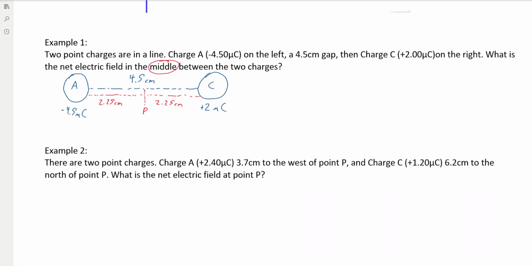Not force, electric field. It's kind of the same sort of thing, but not quite, because there is no actual particle there. There's no actual charge being affected by it, so there's no force. But we're imagining what would happen if we did put a charge there, and by finding the field, you can find the force in reverse.